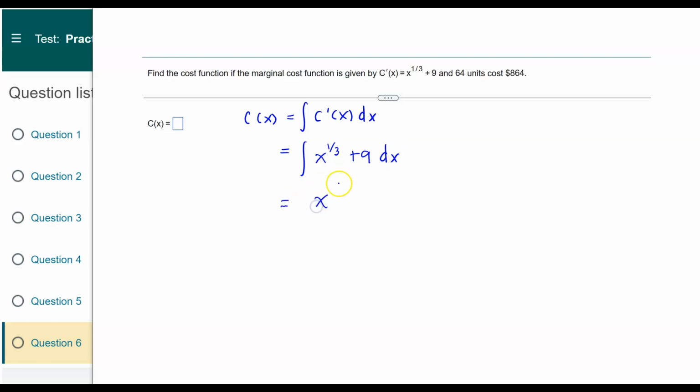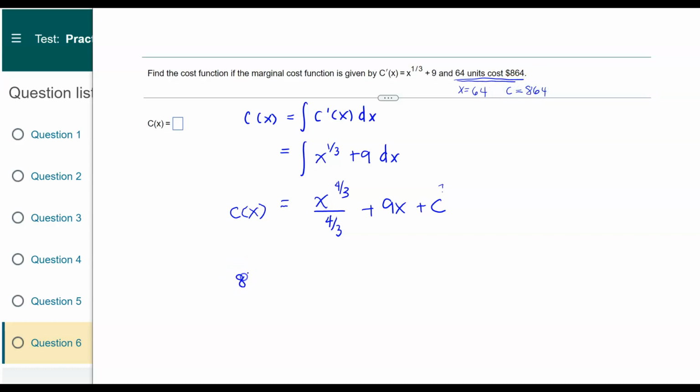That is x to the 4/3 over 4/3 plus 9x, and then plus C. So this is your C of x. Now we would need to compute for the C, using the given initial condition here. So you were given that 64 units, so that means x is 64. Cost, so C is equal to 864.